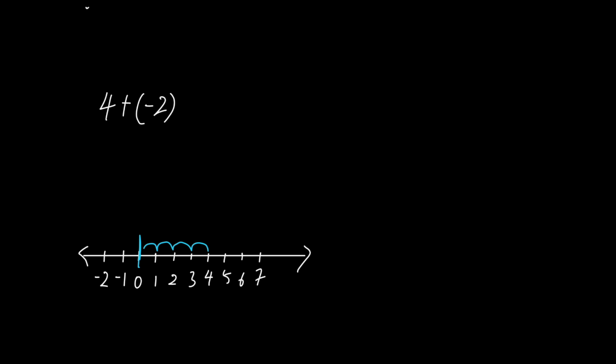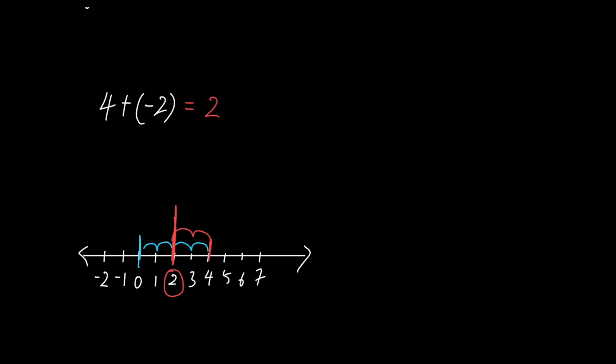So start where we are right now. We move 2 steps to the left. So 1, 2. And here is our final destination, and it corresponds to the number 2. So 4 plus -2 is 2.